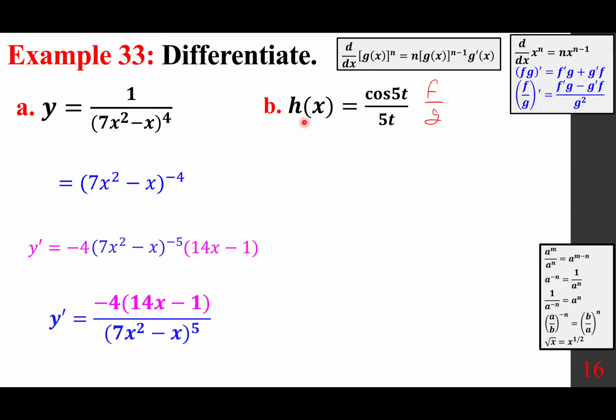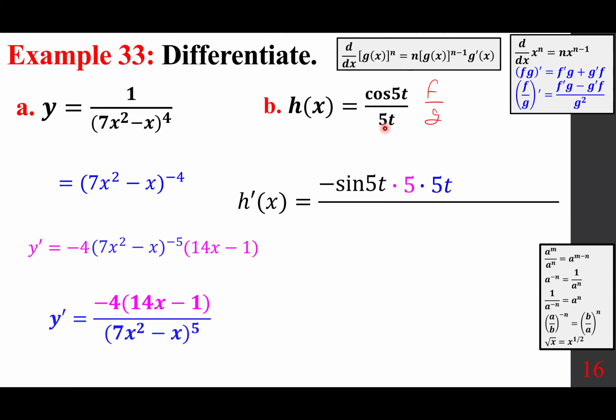So the derivative h prime is f prime, which is now cosine of 5t becomes negative sine 5t times 5, times g, 5t, minus g prime 5 times f, cosine of 5t, over g squared. Just square this, 25t squared, put it at the bottom, and we're done with calculus.